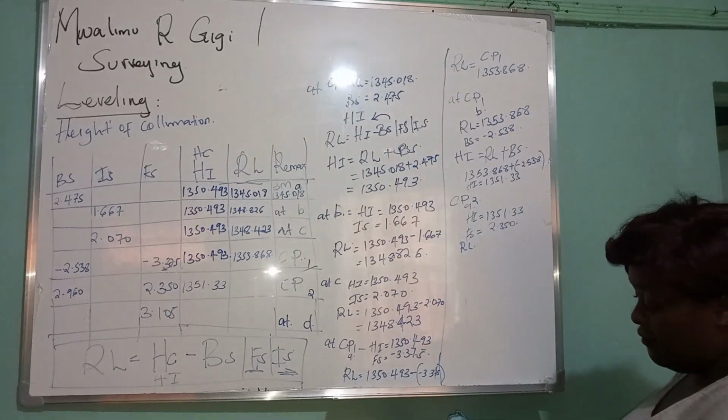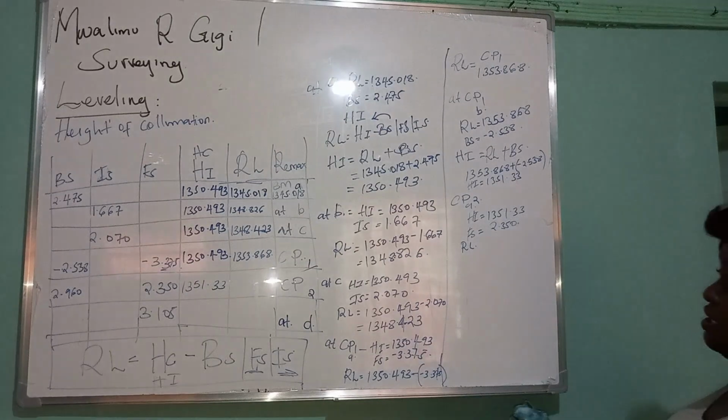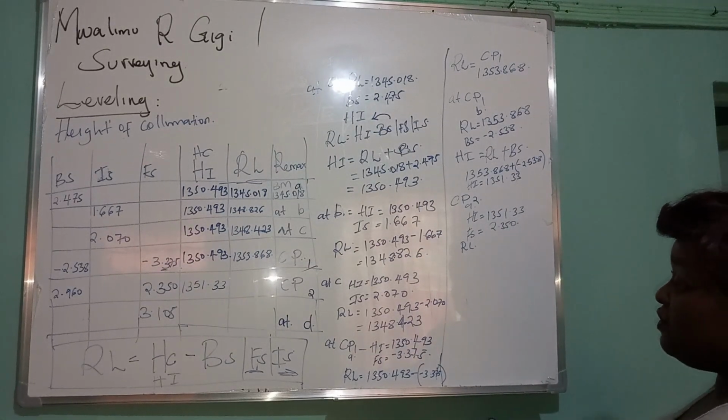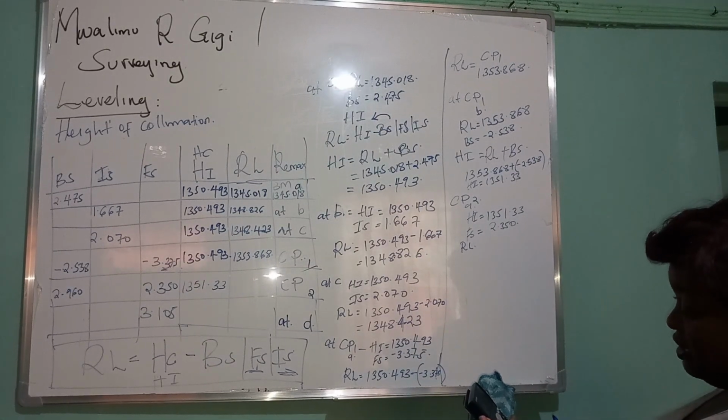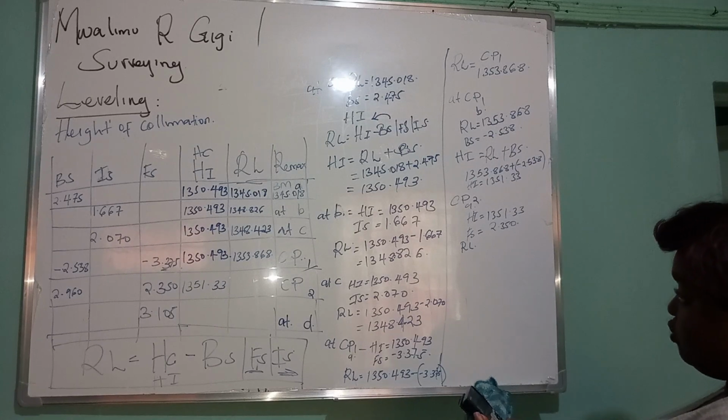So the reduced level is height of instrument minus foresight. So 1351.33 minus 2.350.